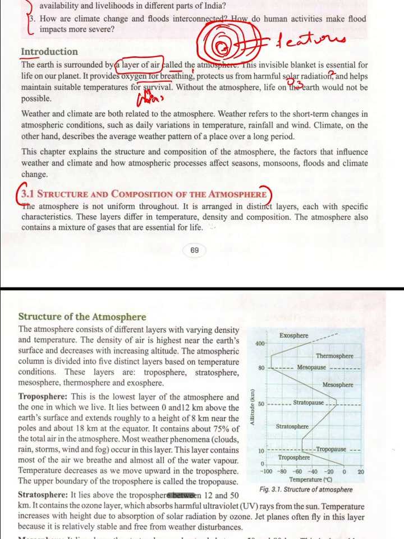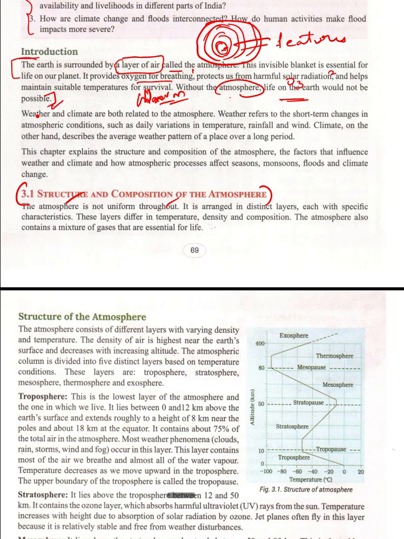Warm temperatures, not harsh. Without the atmosphere, that means the layer of air, life on the earth would not be possible. I hope you got the first question's answer, but the elaboration we are going to cover.